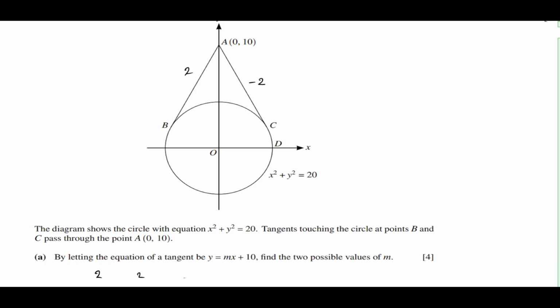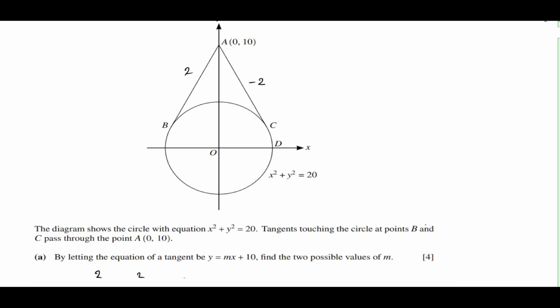Okay, I will do one thing. Now the value of m I know, the value of m² I know. Just a minute.